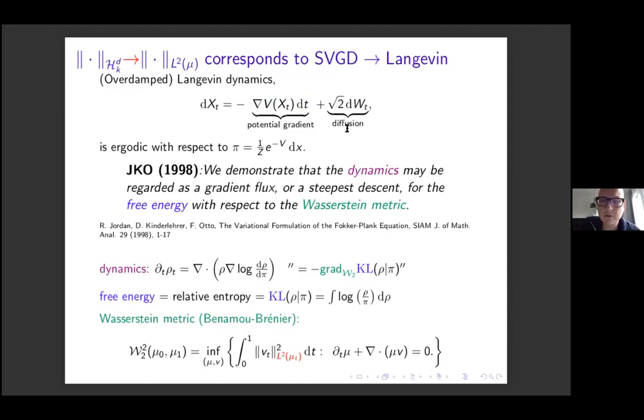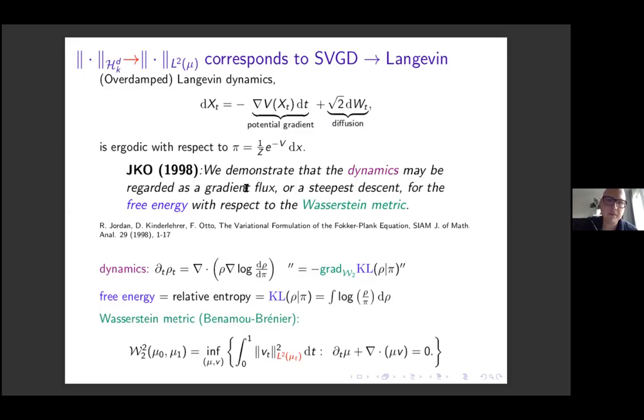So if you recall, the SVGD dynamics also had a term that had a potential gradient and one term that led to some repulsion of the particles. And here the repulsion of the particles is replaced by diffusion terms. So on the level of the measure, this has a similar effect, right? Because the diffusion term will actually lead to some spreading out of the measure.